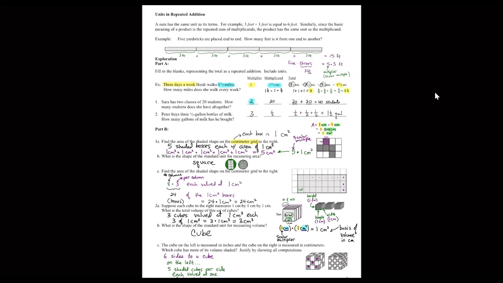All right, so 5 shaded cubes per side, each valued at 1 cubic inch.